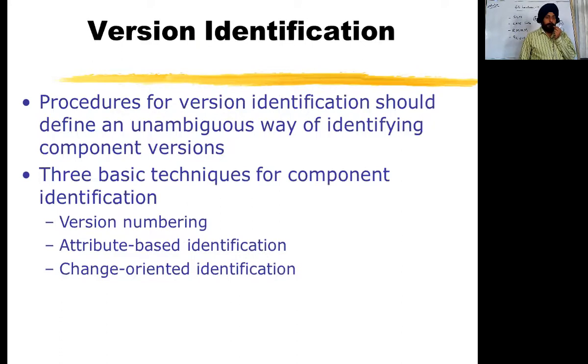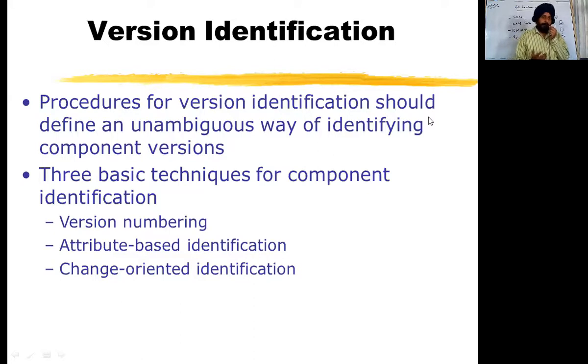So version identification. There are different procedures to identify the different versions. Procedures for version identification should define an unambiguous way of identifying the component versions. There should not be any ambiguity in defining when and what versions are required, what functionalities are to be given in one version, and what functionalities are to be provided in another version.